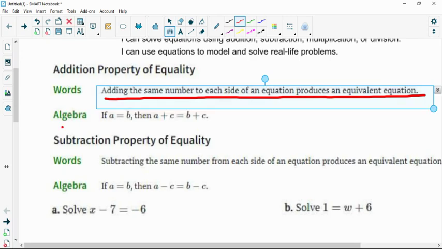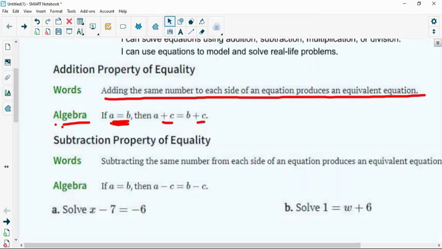Where it says algebra, if we have the equation A equals B, I'm allowed to add the same number on each side without changing the meaning of the equation. It is still equivalent even though it looks like a brand new equation.